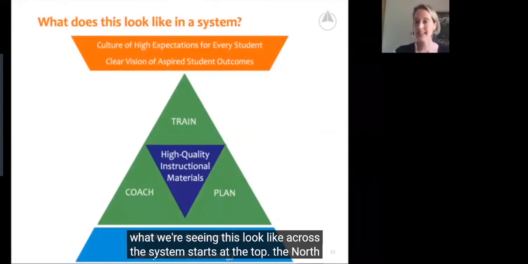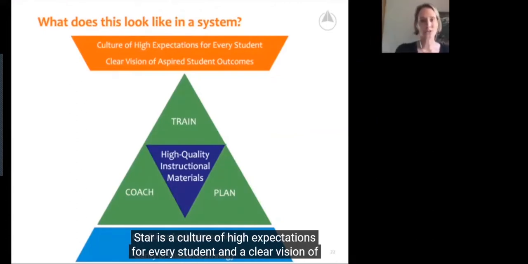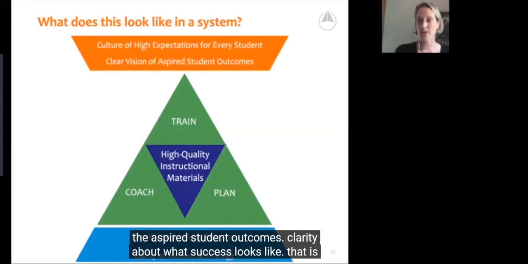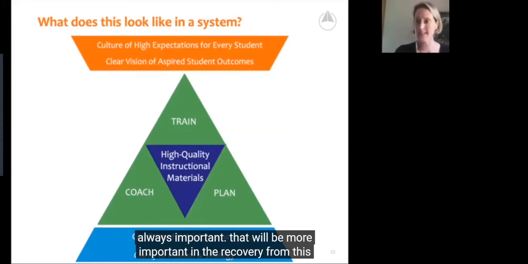What we're seeing this look like across the system starts at the top. The North Star is a culture of high expectations for every student and a clear vision of the aspired student outcomes, clarity about what success looks like. That is always important.